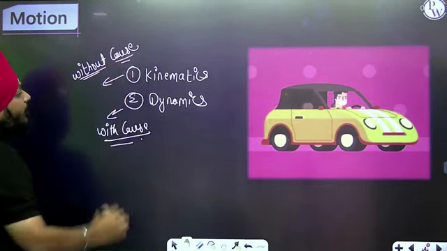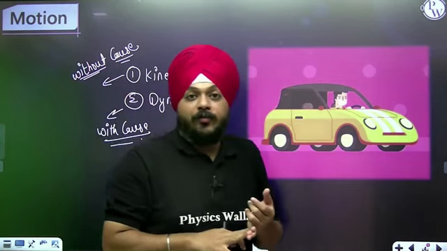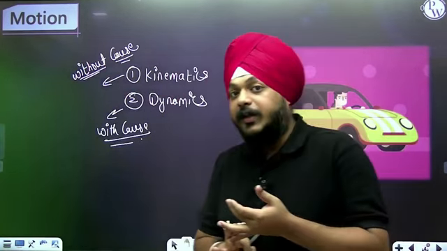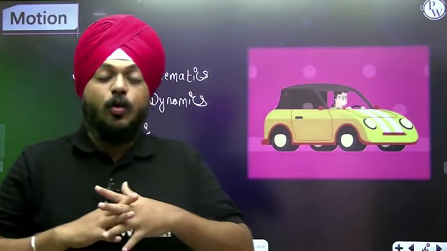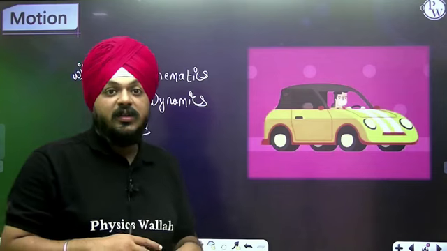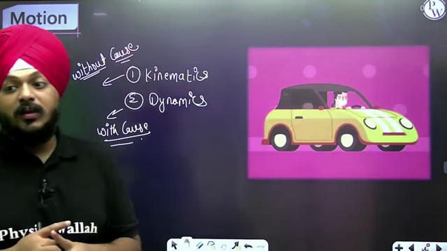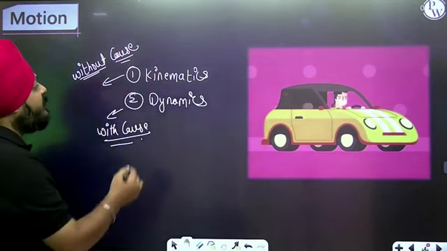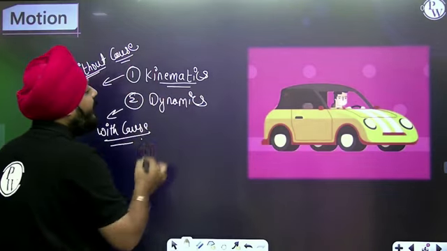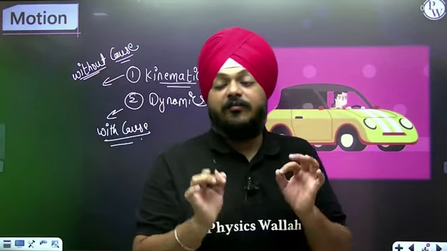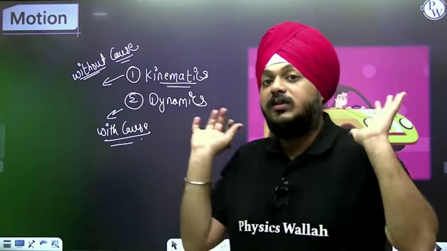Without cause, no involvement of force, no involvement of energy, no involvement of friction, no resistive or disturbing forces I'm talking about. So this entire chapter is completely based on kinematics. Kinematics, in another sense, everything will be without cause.